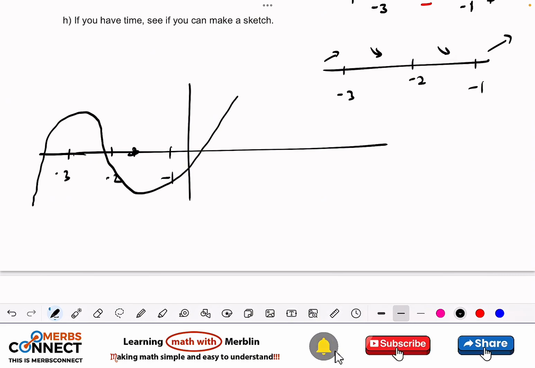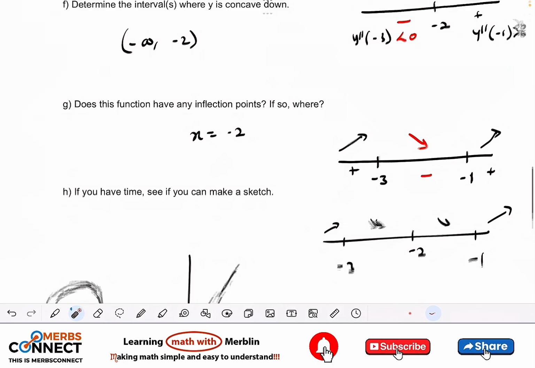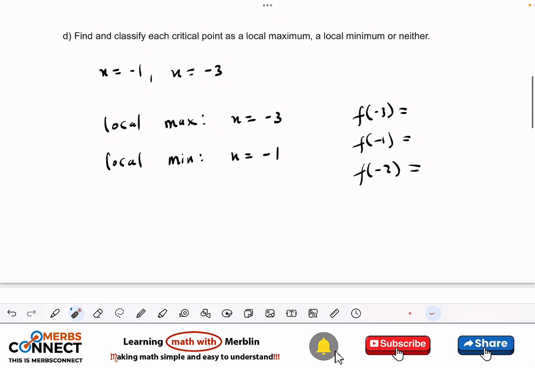Right. So at this point, this kind of sketch, right? At this point is where the point of inflection is going to be, because that is where x is equal to -2. So a point on this graph here is where the point of inflection is going to be, right? Now remember, at -3, what do we have? We have the maximum.